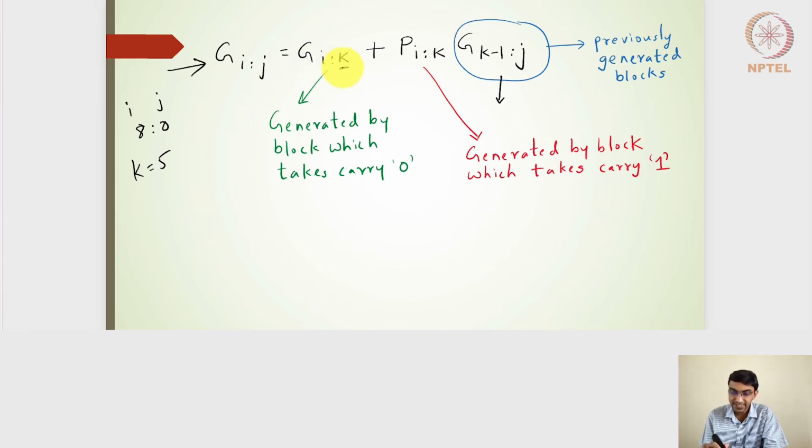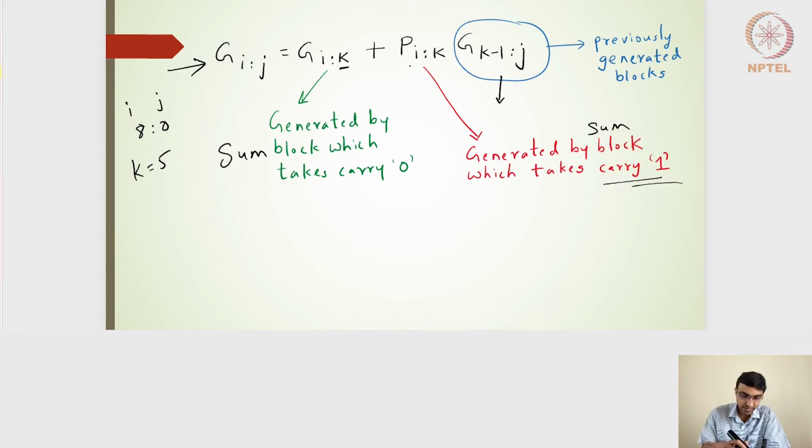Remember that G I is to K and P I is to K, in this case it will be 8 is to 5, are actually generated by the different blocks, generated by the sum block, right? So this is basically the sum block which takes the carry 0, and the group propagate signals are generated by the sum block which takes the carry 1.